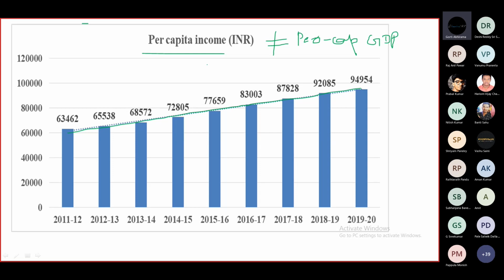So we can say GDP growth rate is higher than that of your per capita income.